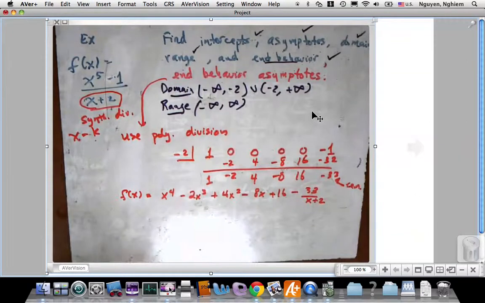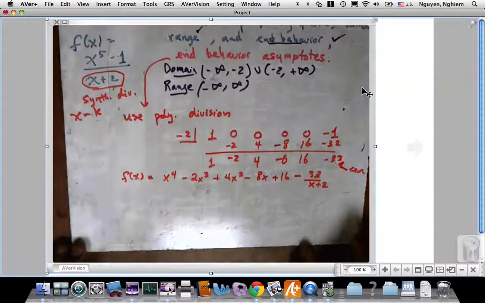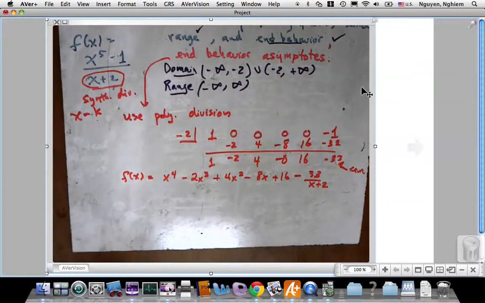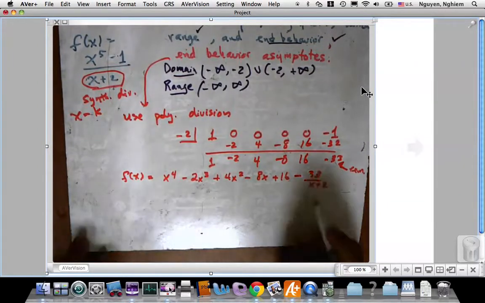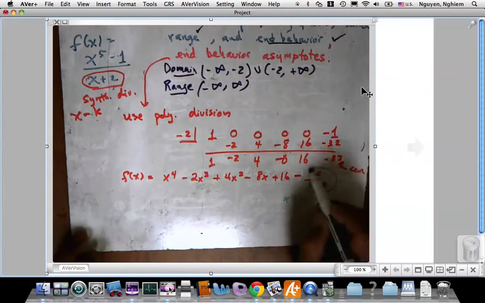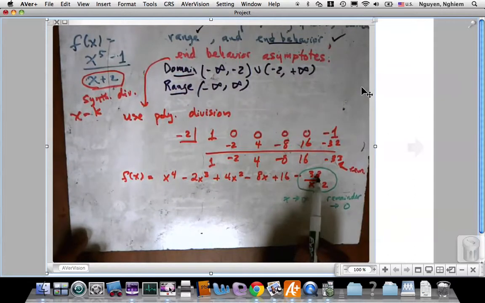Okay. Now, one of the things that's so tricky for people to realize is that for end behavior, we really care about large values of x. So we know that as x approaches infinity, or negative infinity for that matter, this part right here, the remainder, will approach 0 because you're going to have a constant divided by a very, very large number.